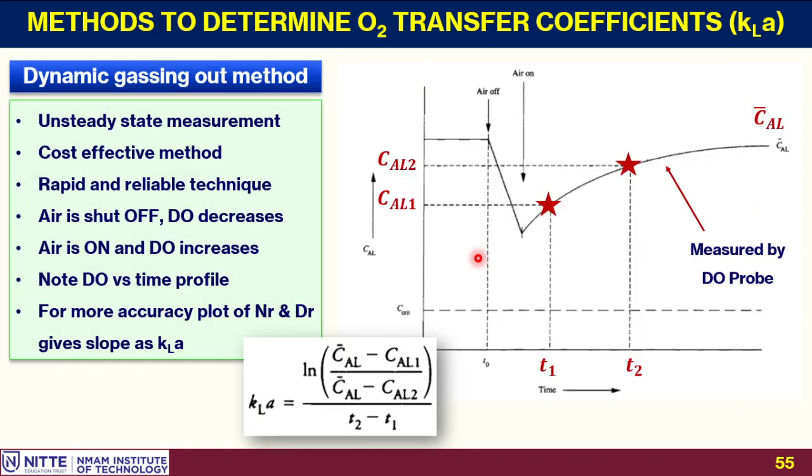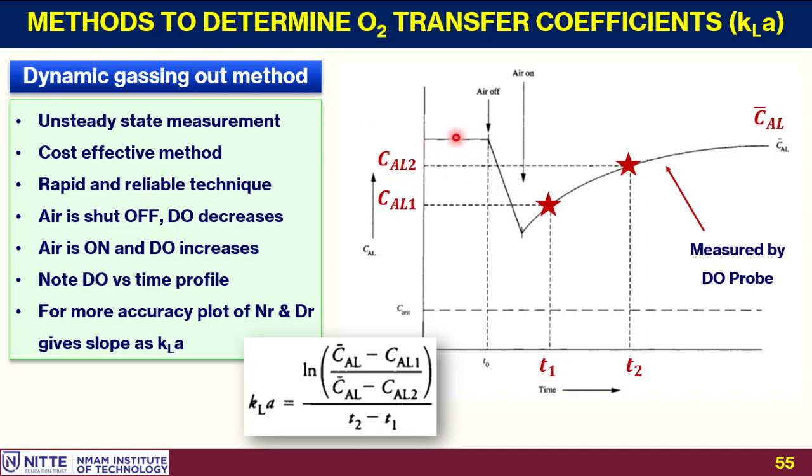Dynamic gassing out method is another method. It's an unsteady state measurement, where you allow the air into the fermentation liquid, which is real time.